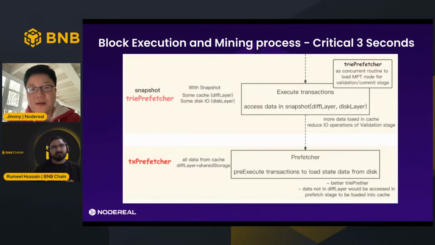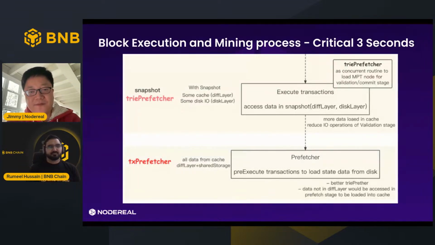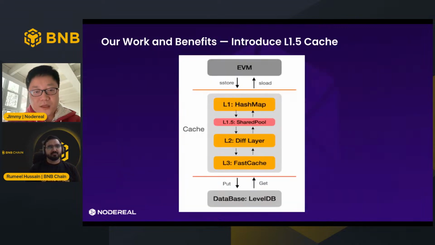So let's go even deeper into how the two kinds of prefetcher work. The trie prefetcher works at the time when we execute the transactions, and it updates the snapshot data. The transaction prefetcher is executed in the commit and validation process. As I mentioned earlier, the bottleneck comes from transaction execution and commitment.